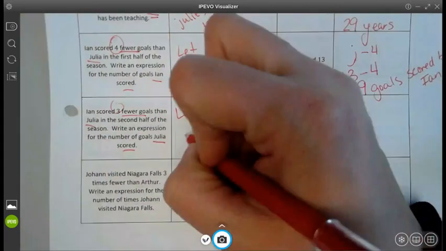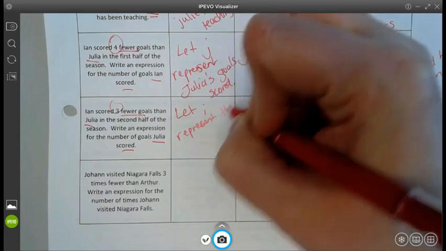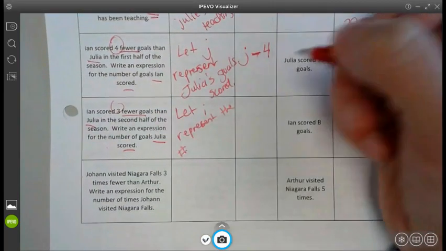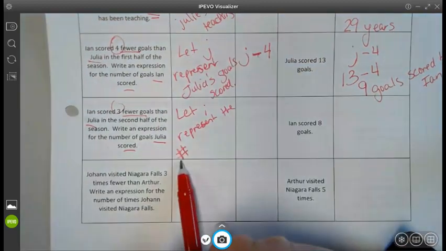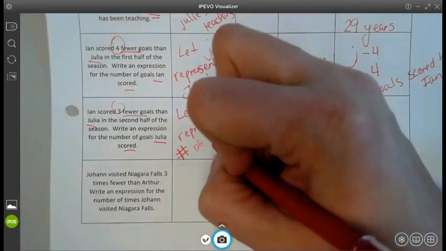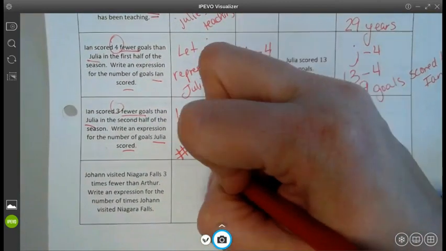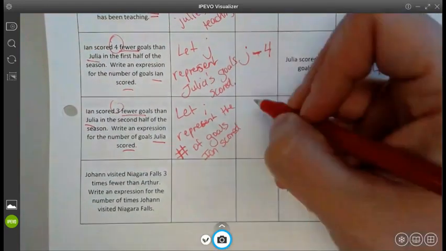So let's let I represent the number. I have to use an abbreviation for number. The number, you guys know this represents a number, not hashtag, right? Okay, so the number of goals Ian scored in the second half of the season.